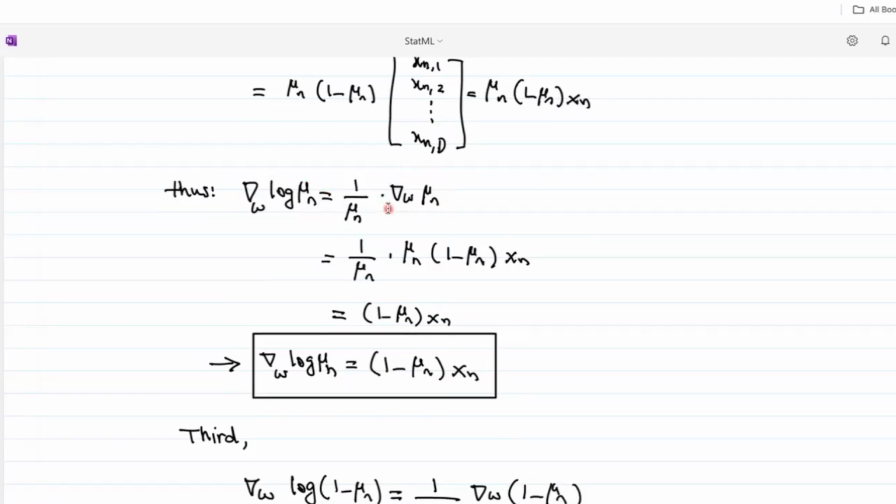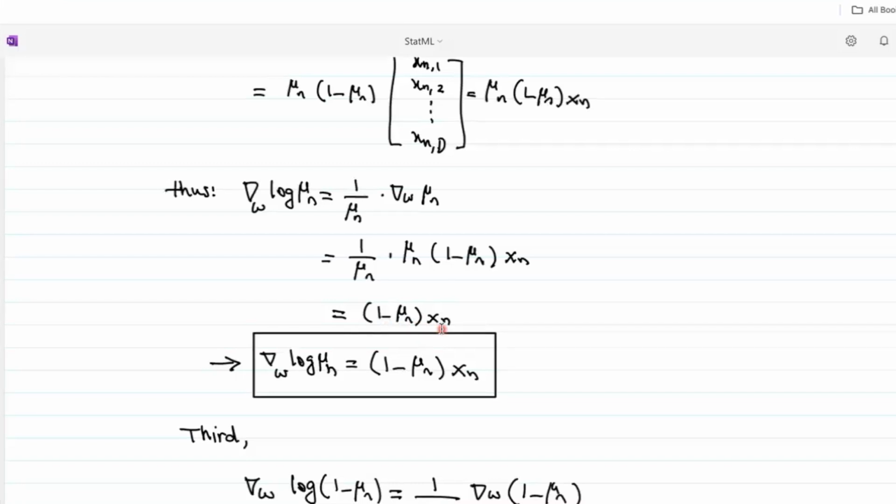So we have to also multiply this by the gradient of what we have in front of this logarithm function with respect to w. And here you can see that things get really simple because you have this 1 over mu n and then times mu n 1 minus mu n xn. So these two mu n's cancel and we get 1 minus mu n xn.